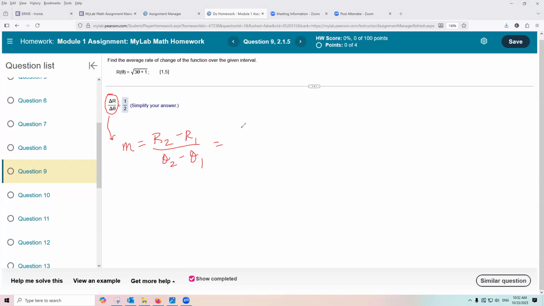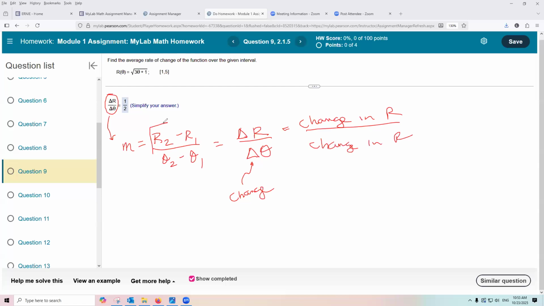Well, they just wrote it using this alternate notation of delta r over delta theta. This delta really means change. So they're really writing it as the change in r over the change in theta. But I think it's easier to think of it as r sub 2 minus r sub 1 over theta 2 minus theta 1.